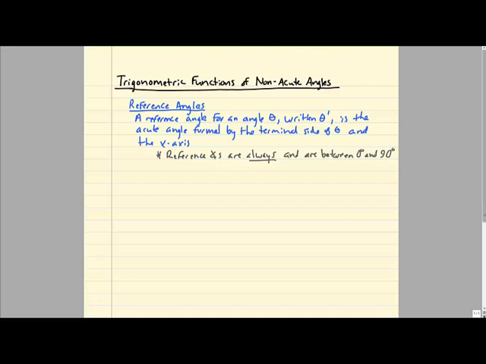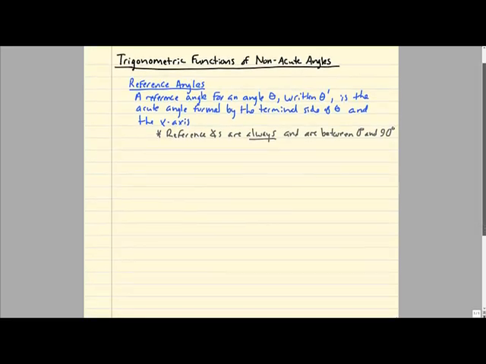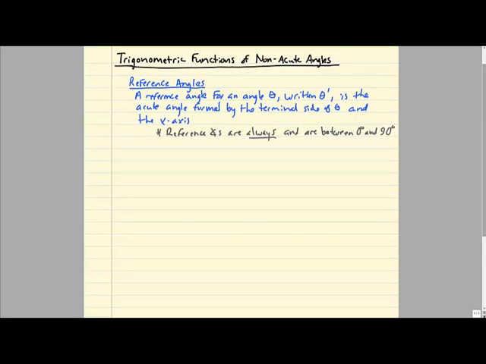For our first one here, let's go ahead and find the reference angle for, let's do 218 degrees. Now always a sketch of the angle will help here. And this one again is theta equals 218 degrees.